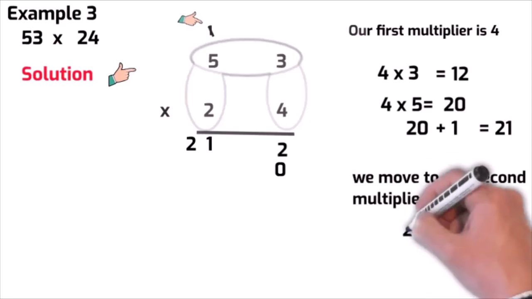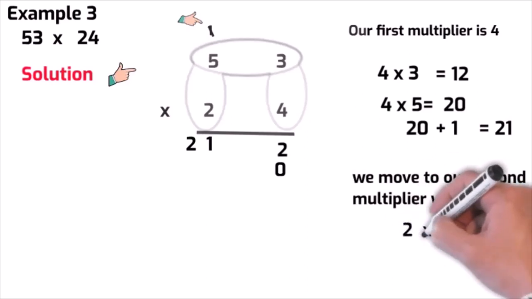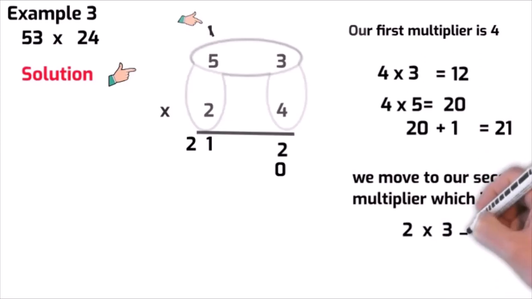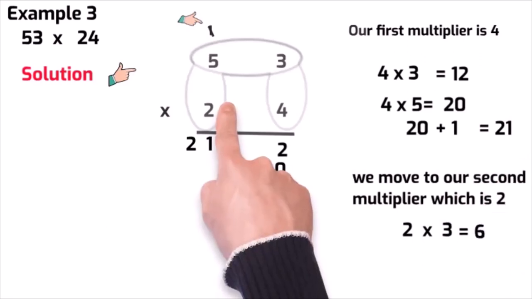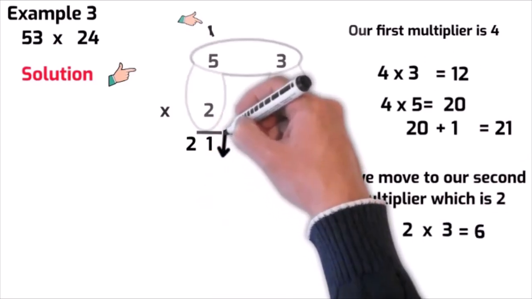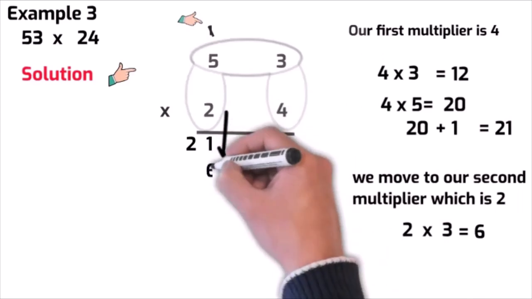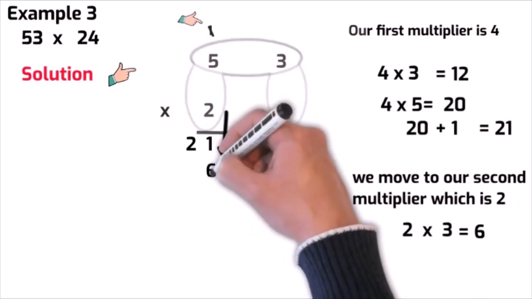So we say 2 times 3. 2 times 3 is equal to 6. We go under our multiplier, which in this case is 2, and write down 6.